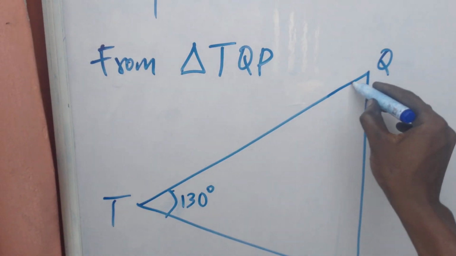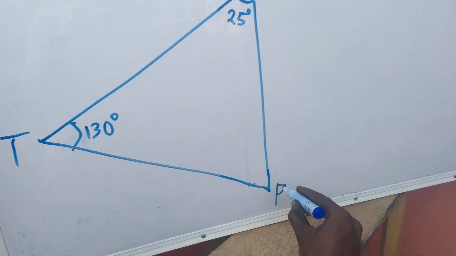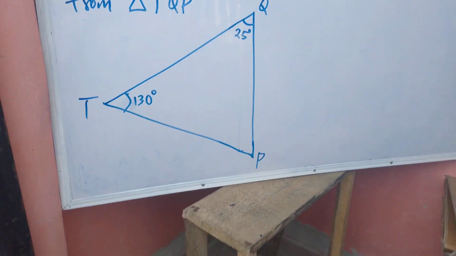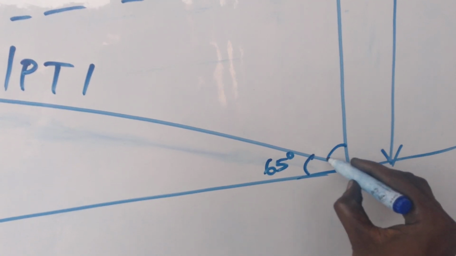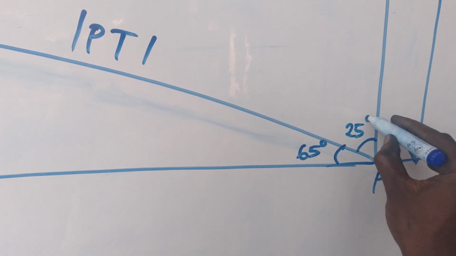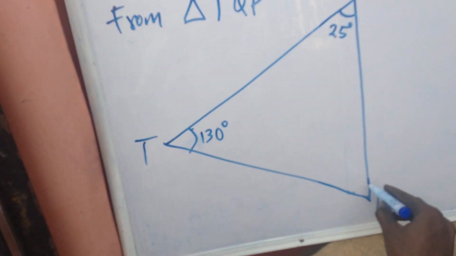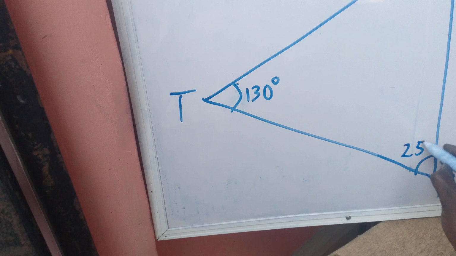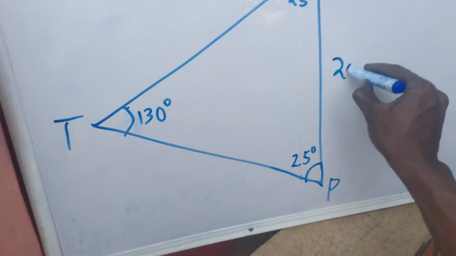Angle at Q is 25 degrees. And then angle at P is unknown, though I can find that angle. Of course, we know that 90 minus 65 here will be 25 degrees. So if that is 25, this is 25 degrees as well. And we know that distance QP is 20 meters.